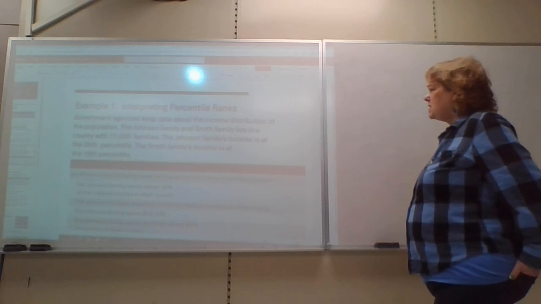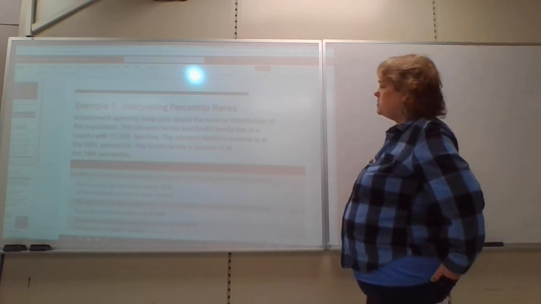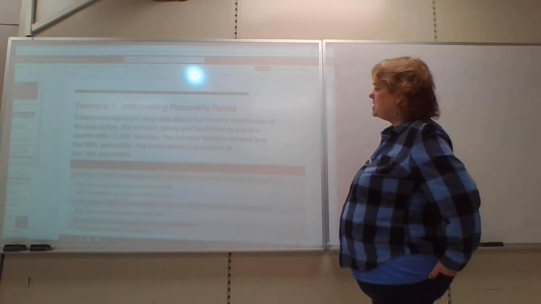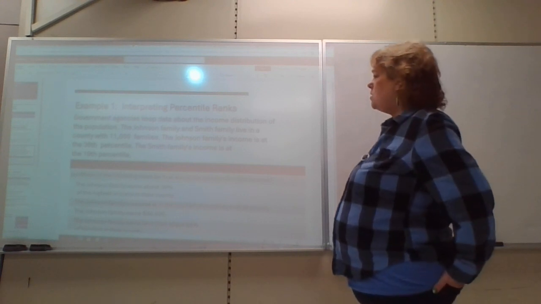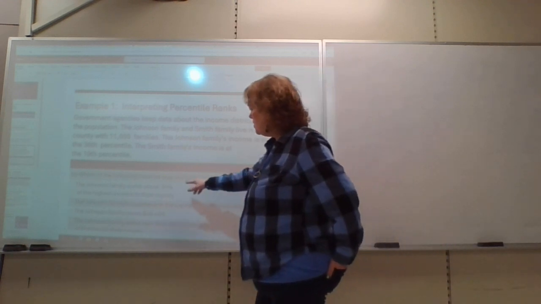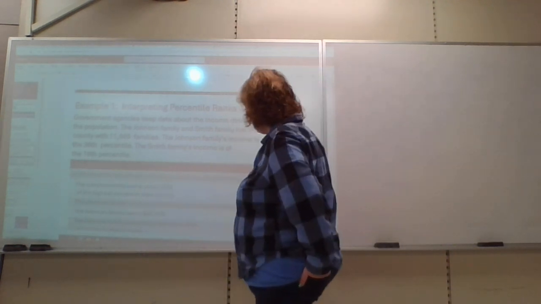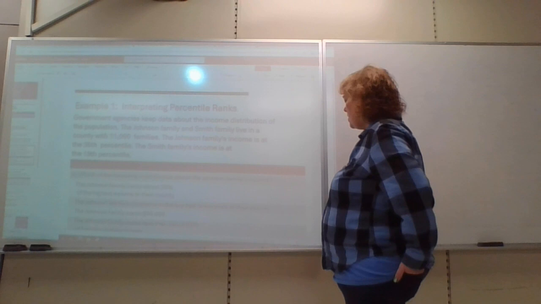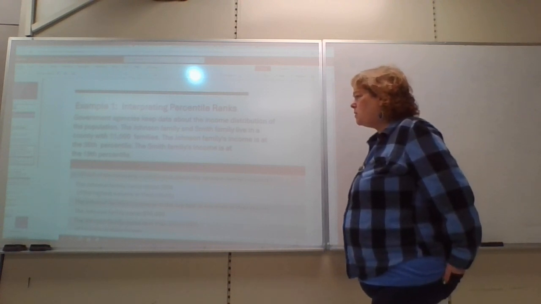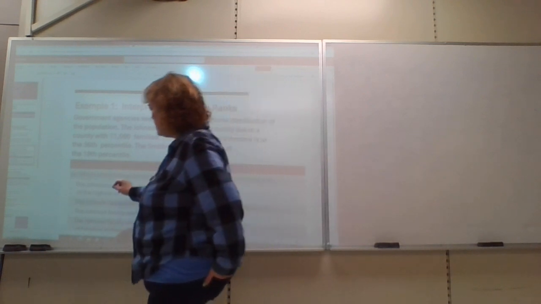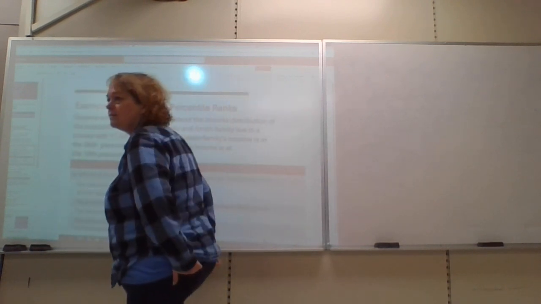The Johnson family's income is at the 36th percentile and the Smith family's is at the 19th percentile. So we have to find out which statement is true about the Johnson family's income, and whichever one is right, that's the one we have to color in.